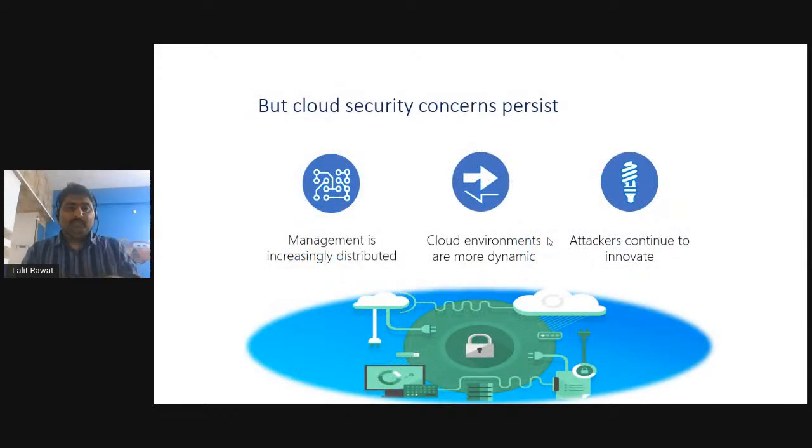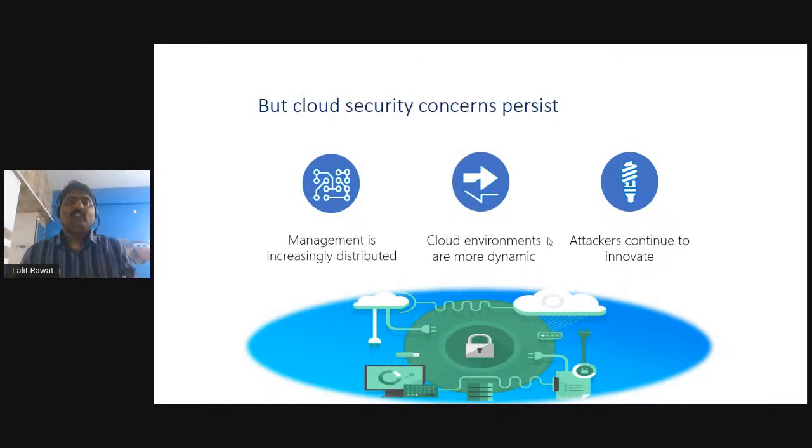When you think about migrating services to the cloud, there are questions in terms of management. Management wants to grow their distributed systems and the cloud environment, and wants it more dynamic, while attackers keep innovating.